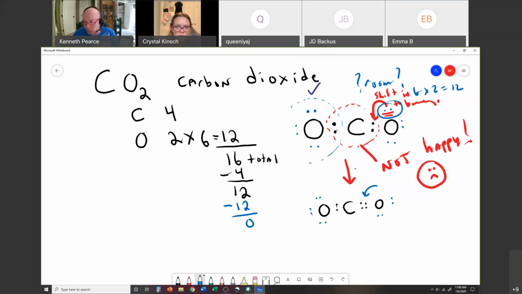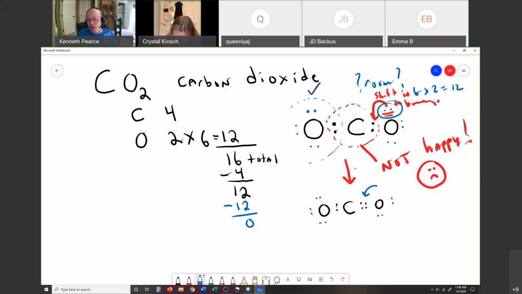They went from not being shared to being shared, but at no point did they leave. And also, they never stopped being a pair. In other words, you don't take them off as a pair and put one over here, one over there. Just don't do that. All right, so they shifted over.